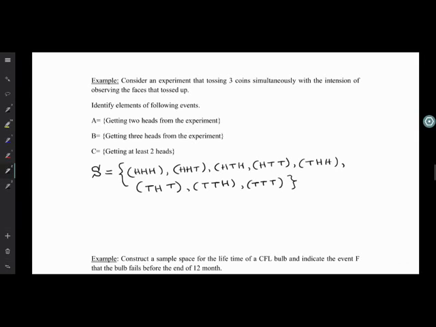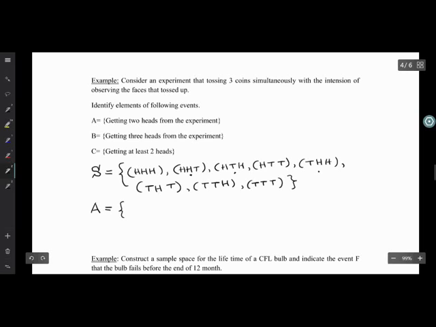Okay, now we have the complete sample space with us. Let's try to identify each of these events. Event A is getting 2 heads from the experiment. So you can see the second one, third one, fifth one.